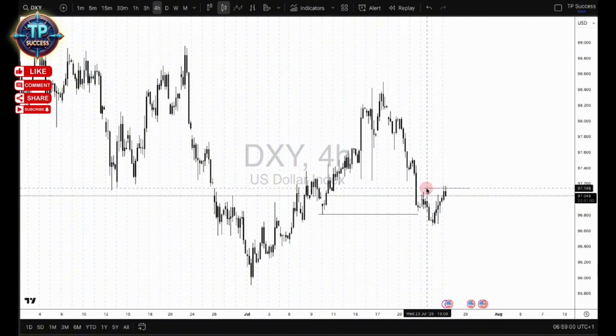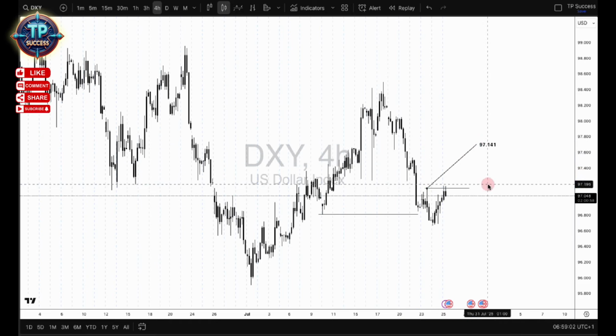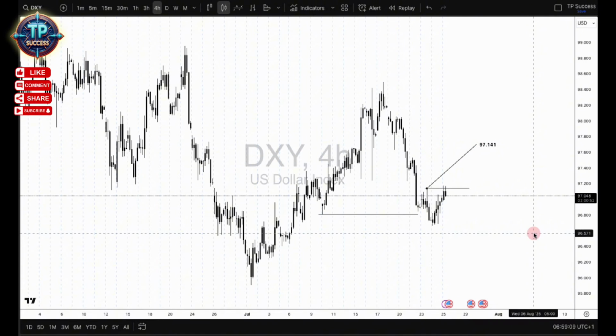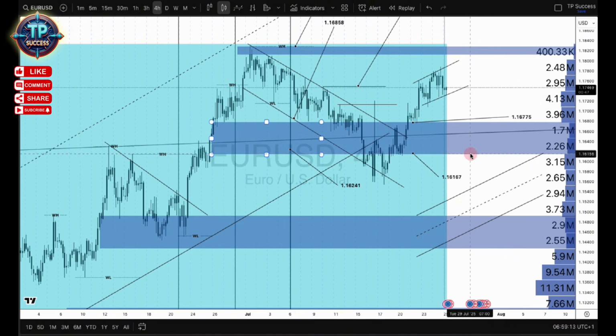That is 97.141. And then you're going to jump into Euro USD and find that same location, which is this one over here, the most recent swing low.